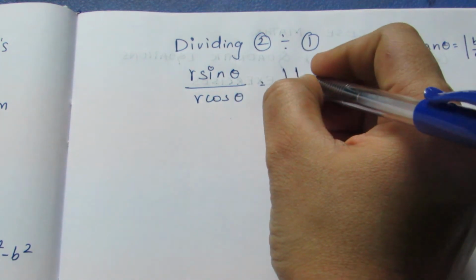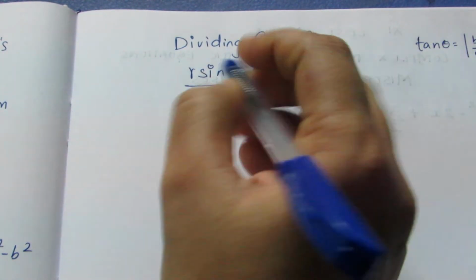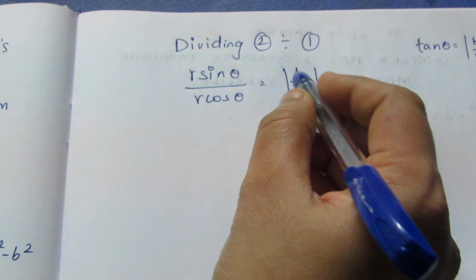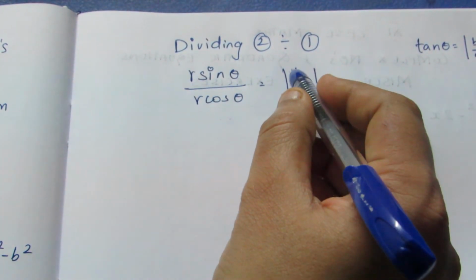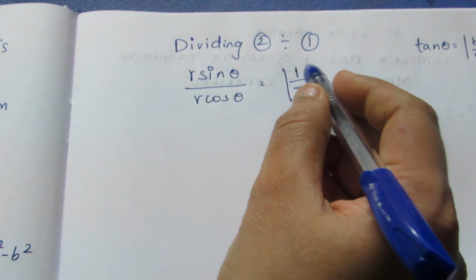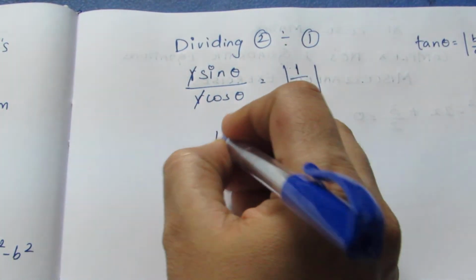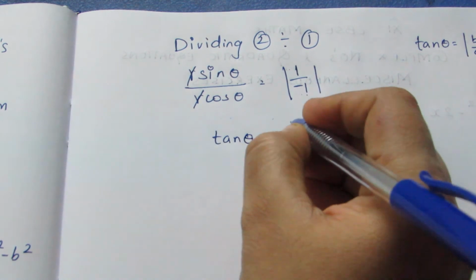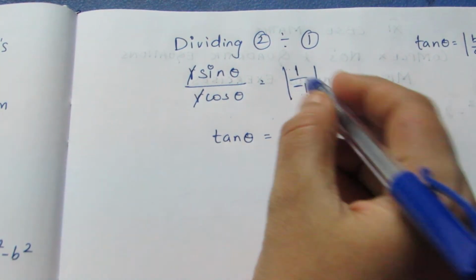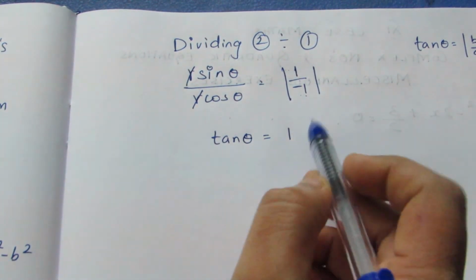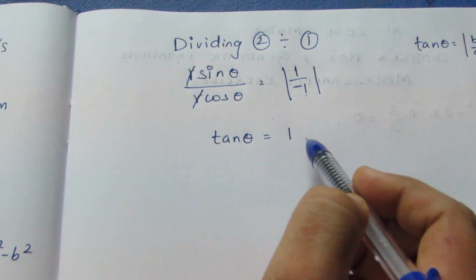Just write the values. Dividing 2 by 1 is dividing the sin theta value of LHS by the cos theta value of LHS. Here r gets cancelled. We can write this as tan theta equal to plus 1, because in modulus it becomes plus 1. Though it is minus 1, in modulus it becomes plus 1.